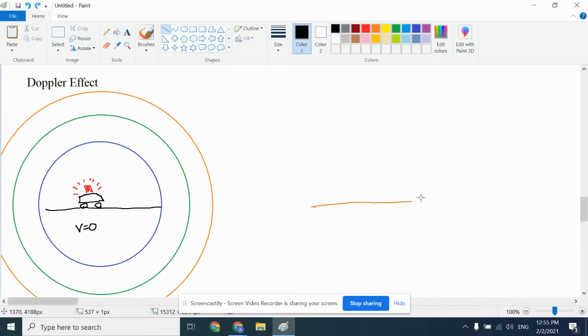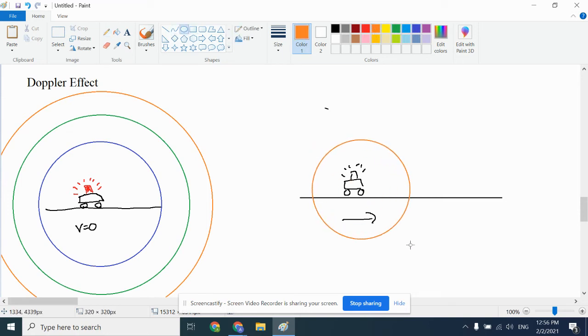So, you have the police car moving to the right. Now, let's say that orange wave is generated. Here's the orange wave. Okay. And what I'm going to do is I'm going to put a red X right here. The red X does not move. The cop car does.